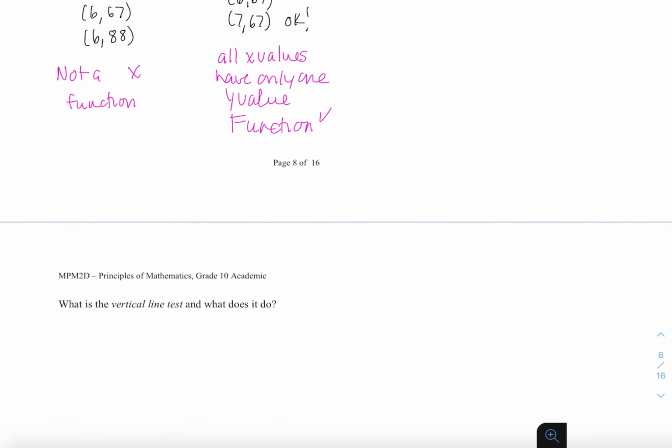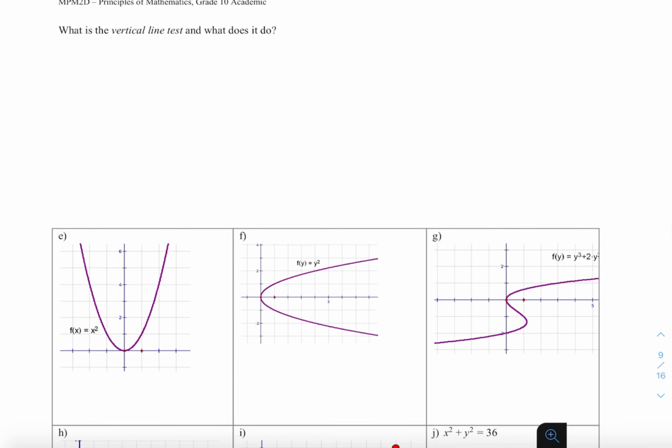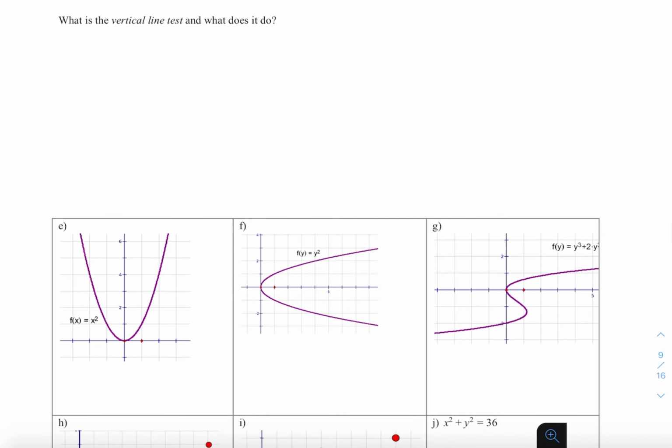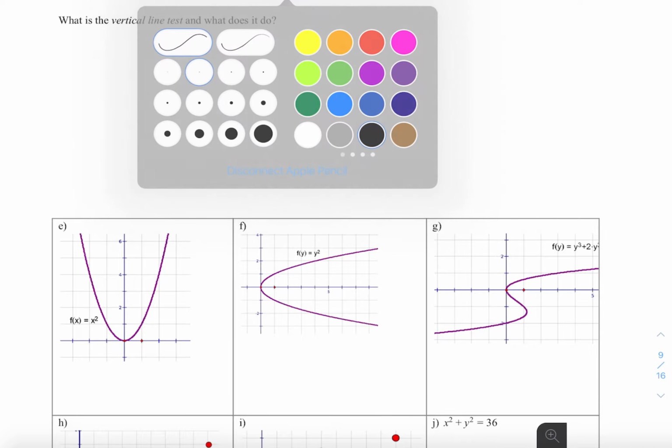All right. Now, visually, it's really easy to see whether or not a graph is a function. And the way we can do this visually when I have the graph is by considering a vertical line.